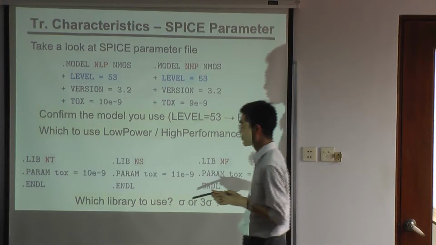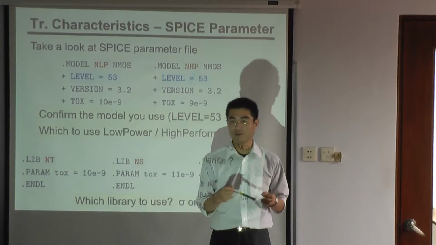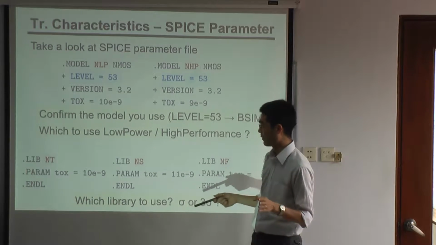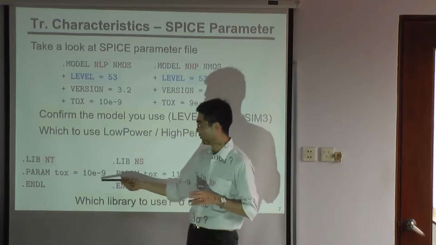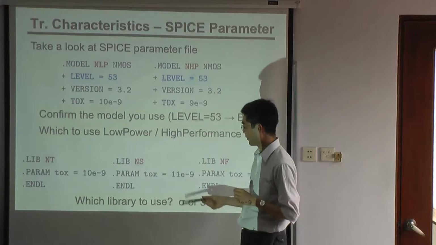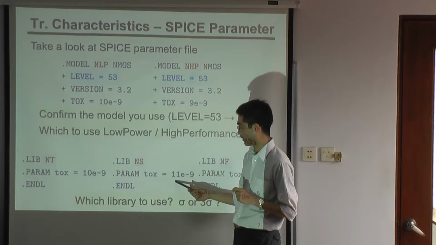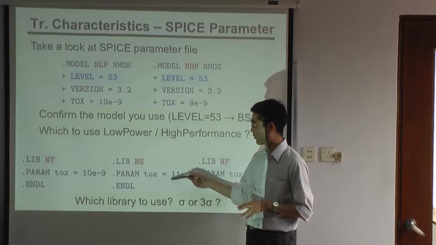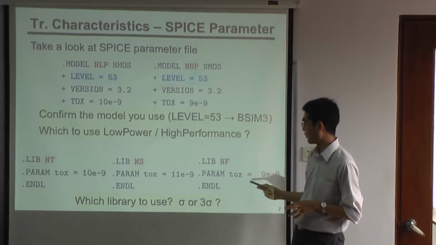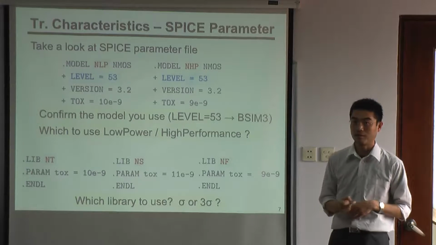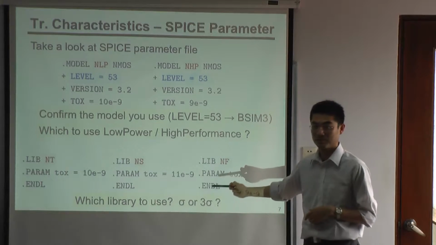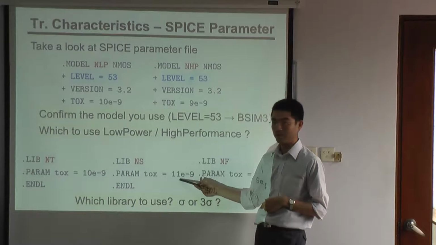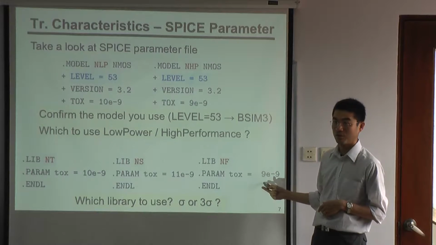So for example, when we have 100 chips, and maybe the center is 10, for the top 20%, the oxide thickness is coming like this, and the lower 20% is this thickness. That is sigma. When this is 3 sigma, the top 0.3% has this thickness, and the bottom 0.3% has this.